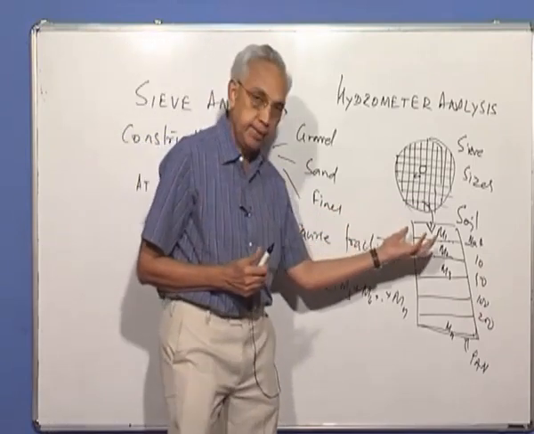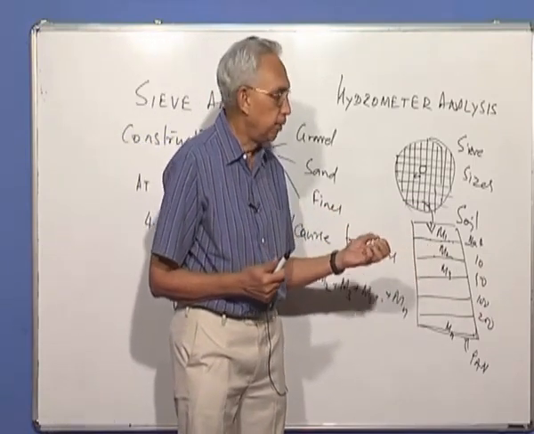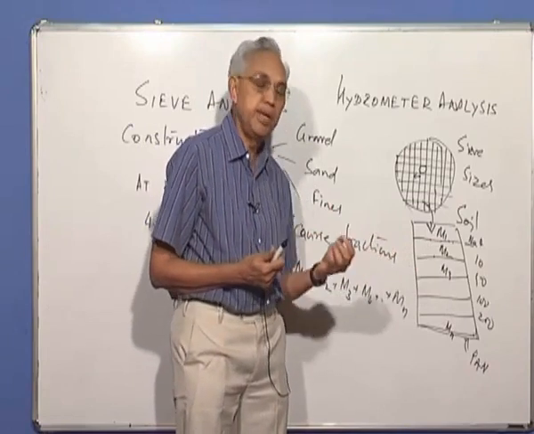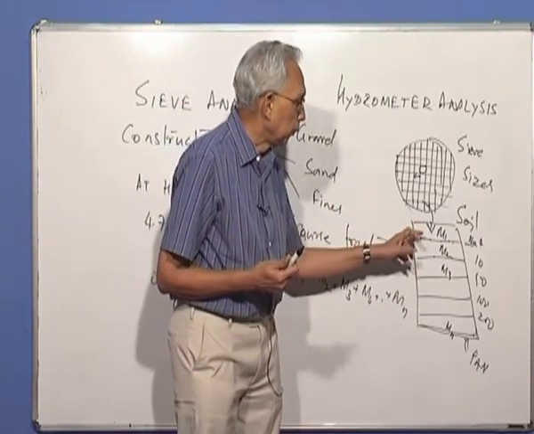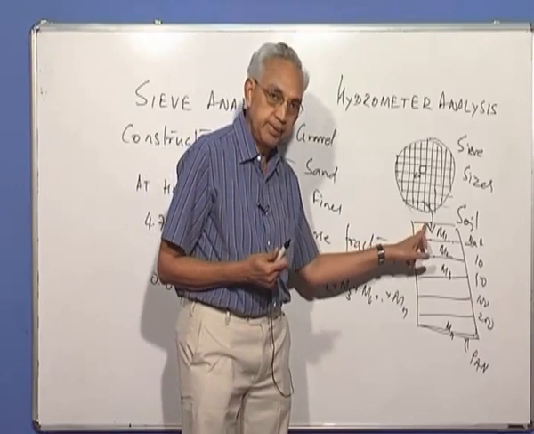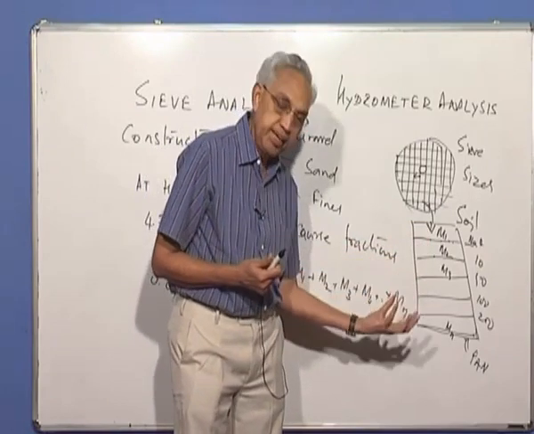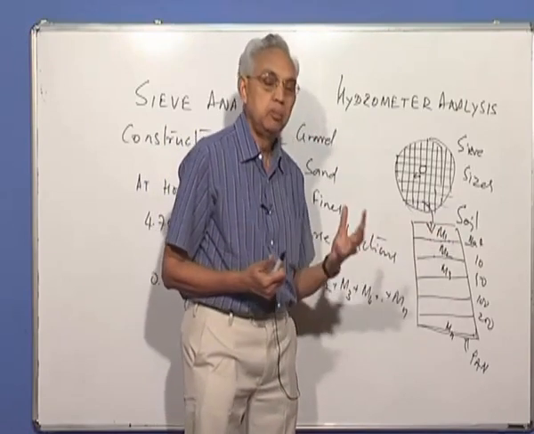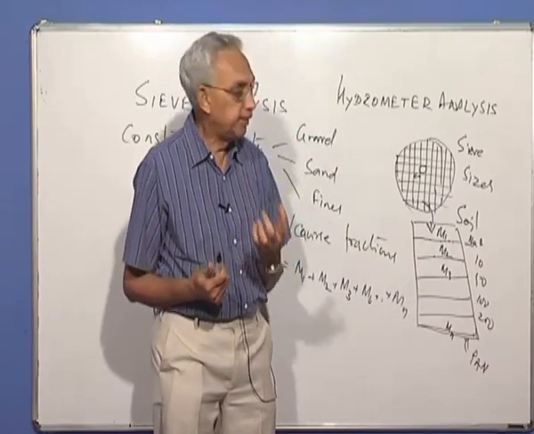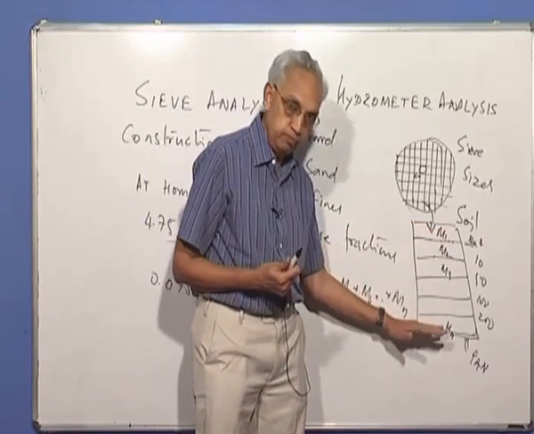We put it here. I take the initial weight, but because of the dust, the final weight may be slightly different from the initial one. I put that in the top sieve. Then I shake the whole assembly and find out how much weight of the soil is retained on each sieve.